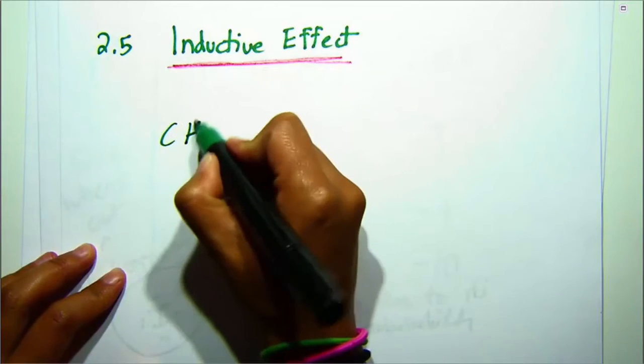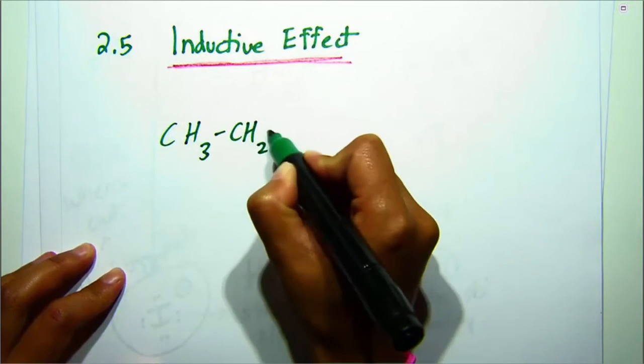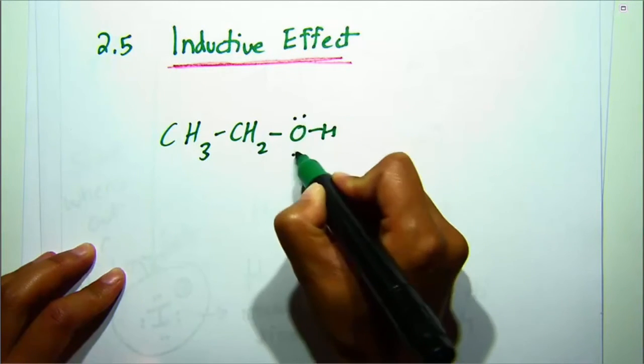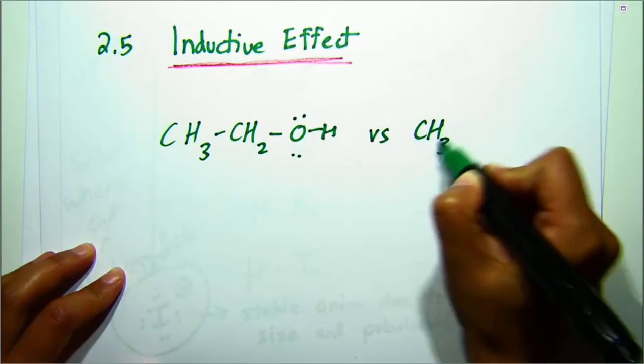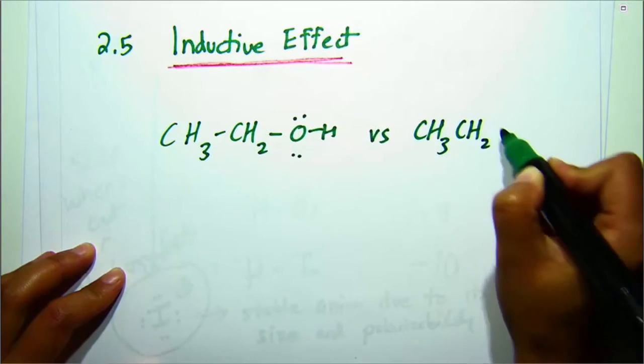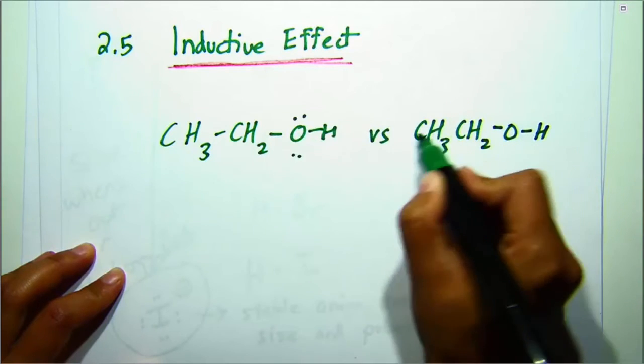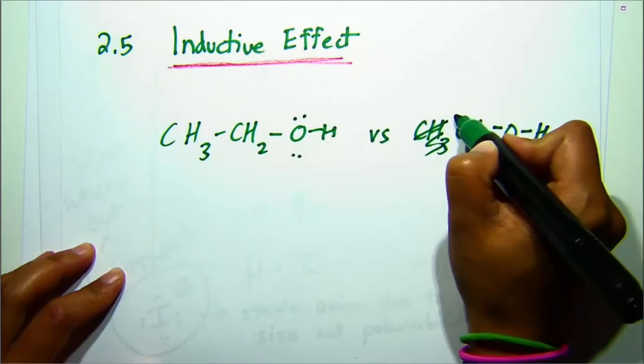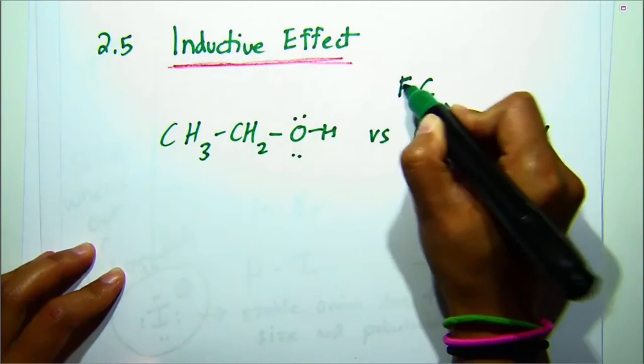And so a quick comparison would be ethanol versus trifluoroethanol. CH3CH2OH versus CH3CH2OH, where instead of CH3 here, we're going to put CF3.